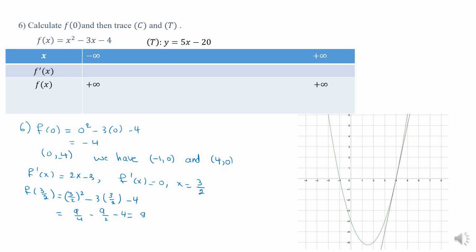It's 9 minus 18 minus 16 over 4. It's negative 25 over 4.